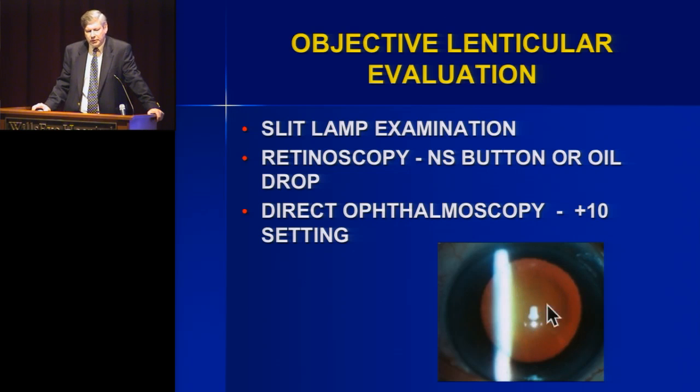What this represents is an area where this part of the nucleus has a different density or index of refraction than the peripheral portion. The reason this is important to know is that when you see this, you have to make a notation, at least mentally, that when you're doing the phaco, once you get to here, it may have taken a fair amount of energy, but once you get out to here, it's really soft, and you can continue to blow through and go through the capsule. So this modifies your technique a little bit.